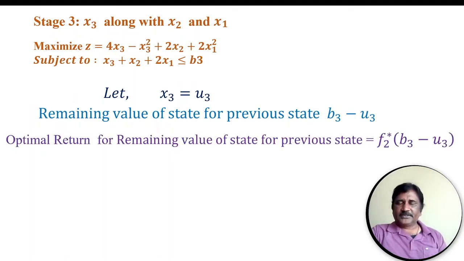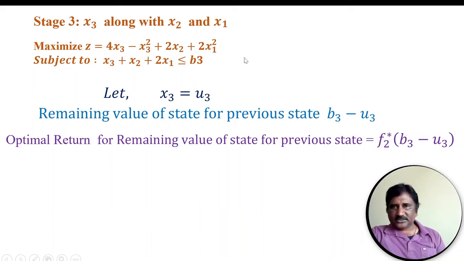In our case, the state value we know to be less than equal to 4. So the optimal return for the remaining value of state from the previous stage is f2 star. This is the third stage and the previous stage is 2.